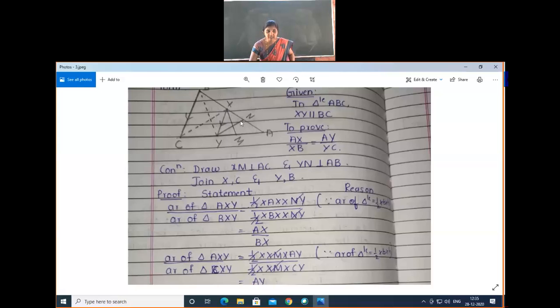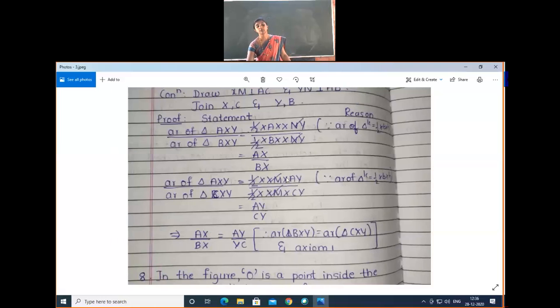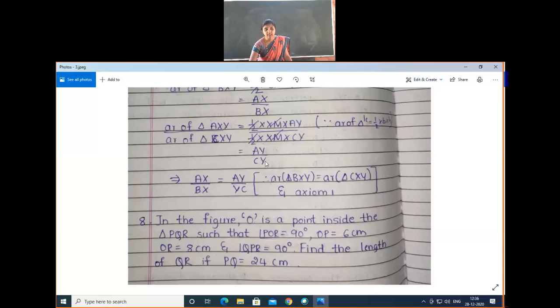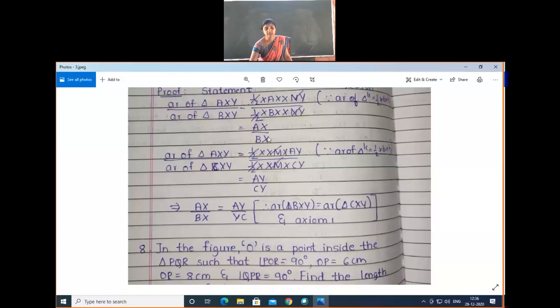In the beginning step we took area of AXY and area of BXY; now area of AXY and area of CXY. The same concept, half into base into height: the half cancels, the height XM cancels, then AY by CY.